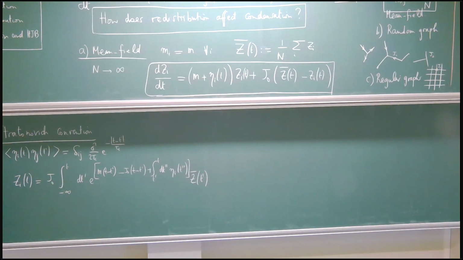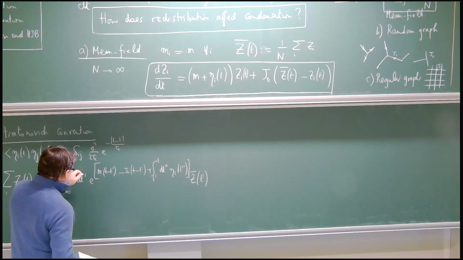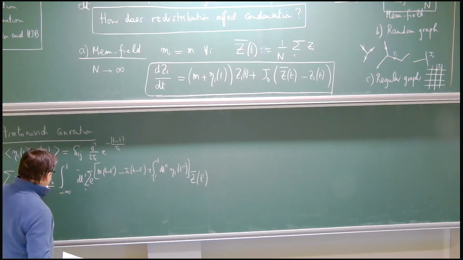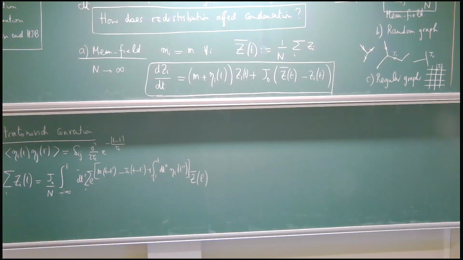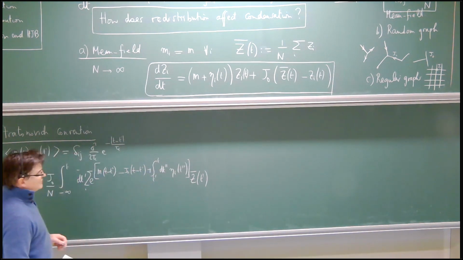But the only reason I'm writing this explicitly is that from this you can actually derive, by summing over all i's and dividing by N, a closed equation on z bar in the limit when N goes to infinity, because essentially this term will average out.